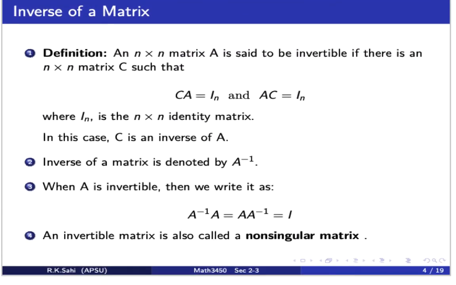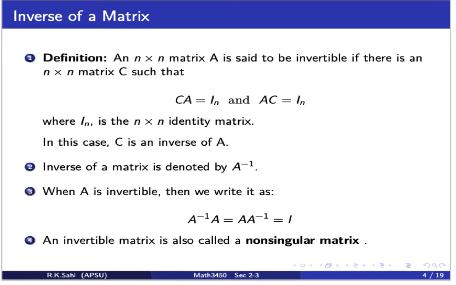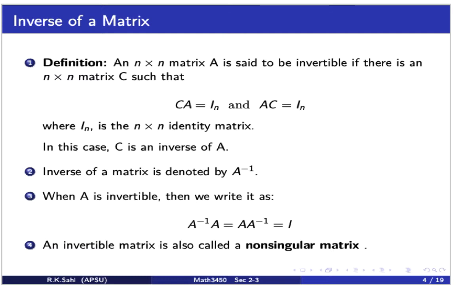Let's start with a little inverse of a matrix. We all know when a matrix is invertible, that means there exists another matrix, and we're always going to talk about square matrices. So let me say it again, that a matrix A of size n is invertible if there is another matrix of size n, say C, such that A times C and C times A is identity.